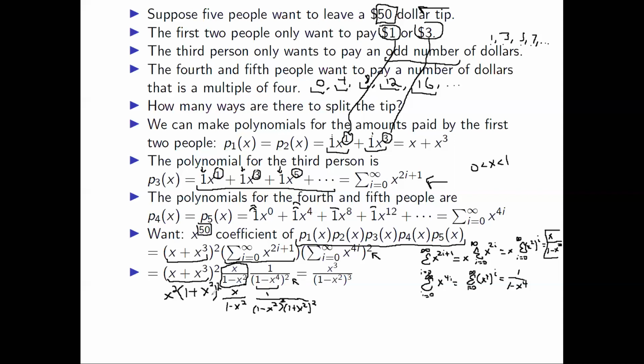We got a 1 plus x squared quantity squared. That cancels with the 1 plus x squared quantity squared down here. And in the numerator, we're left with x cubed. And in the denominator, we have a 1 minus x squared times a 1 minus x squared squared. This gives us a 1 minus x squared quantity cubed. And that's exactly what we see right here.